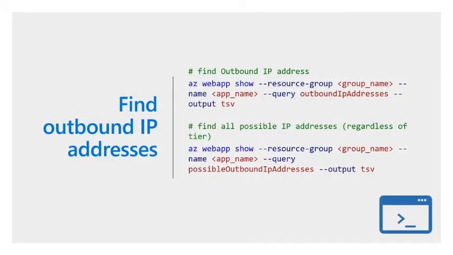To find out the outbound IP addresses of your app, you can find the set of all possible outbound IP addresses your app can use regardless of the pricing tier by examining the possible outbound IP addresses property. So you say az webapp show, the resource group and the name of the app, and then in the query you say outboundIpAddresses, and then the output type as TSV.